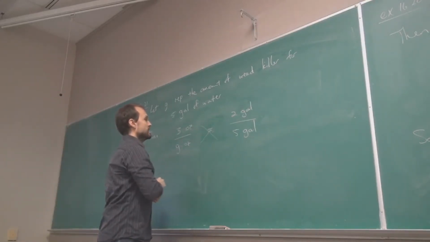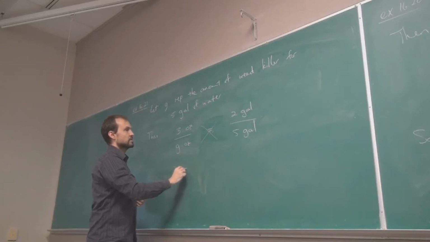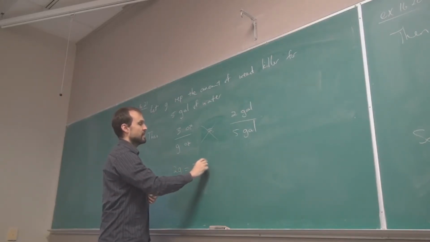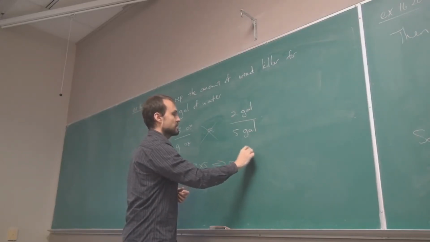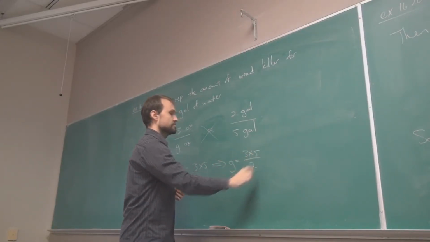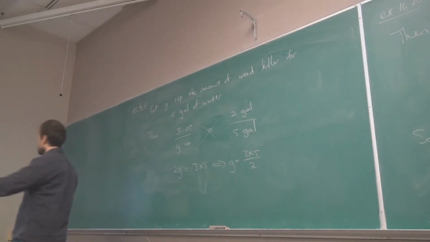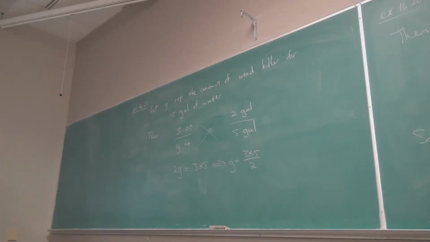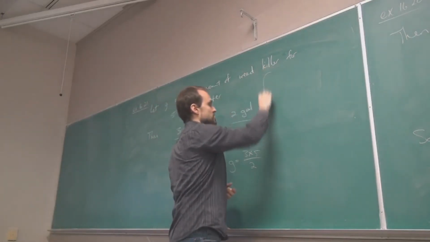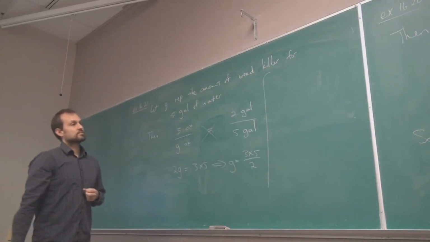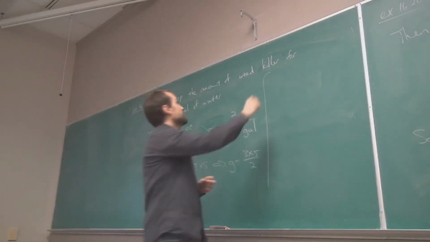Cross multiply, 2G equals 3 times 5, so G equals 3 times 5 over 2. Again, not the only way, but I want a surefire, systematic way when I have no idea what to do. So I get 15 over 2, 7.5.